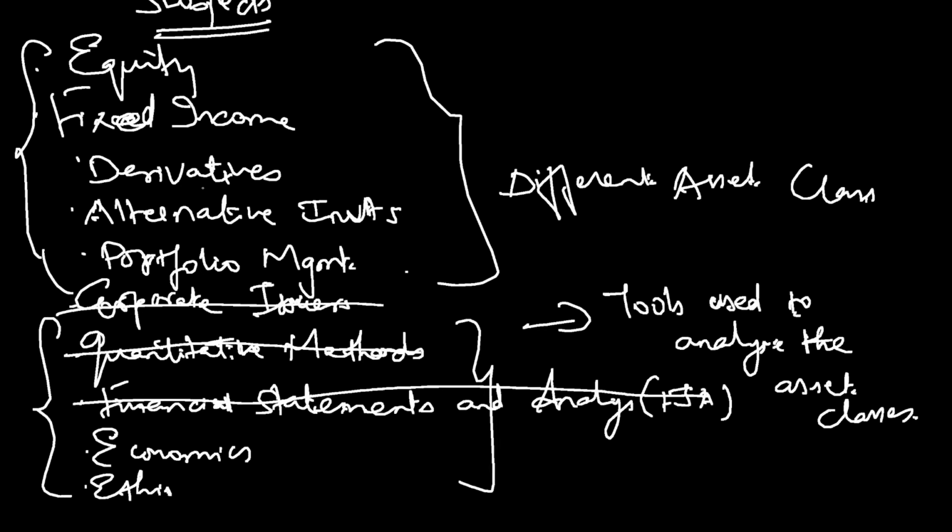Now, no one person is going to be comfortable with all the subjects. Everybody will have some weakness. People coming from an engineering background would like quantitative methods a lot, and they would tend to like the other subjects also, because all subjects begin with the introduction of the asset classes, and then go into the mathematics.